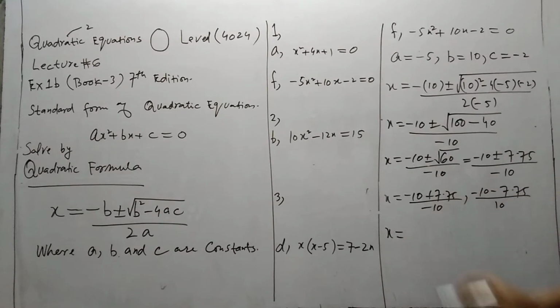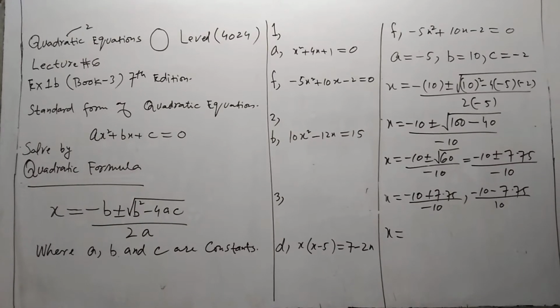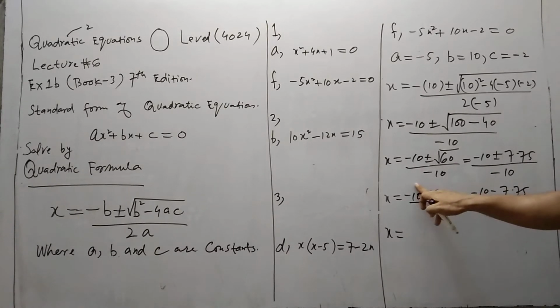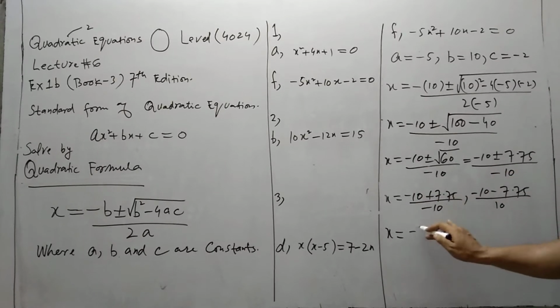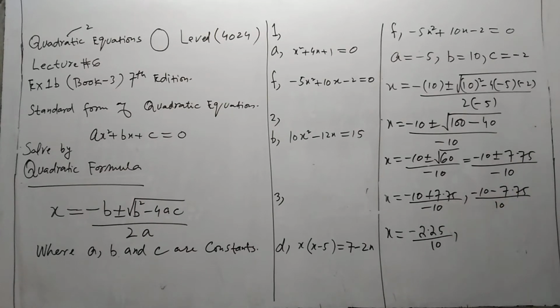So x is equals to minus 10 plus 7.75 is what? Yes. So minus 10 plus 7.75 is minus 2.25 upon 10, and minus 10 minus 7.75 is minus 17.75 upon 10.